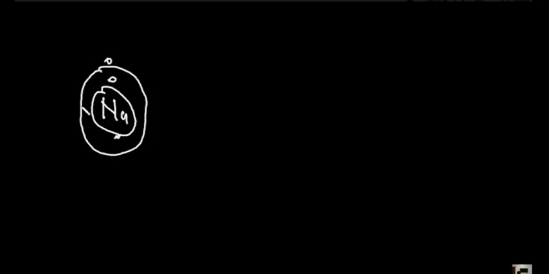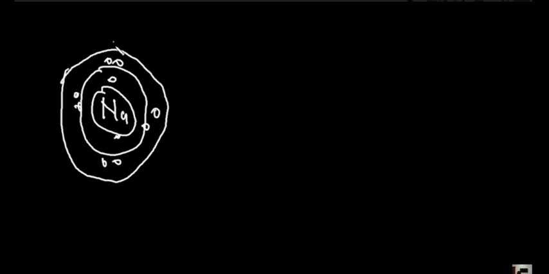If you consider something like sodium metal, it has 11 electrons: 1, 2, 3, 4, 5, 6, 7, 8, 9, 10, then 11. Then we consider another element, chlorine, which is a non-metal.